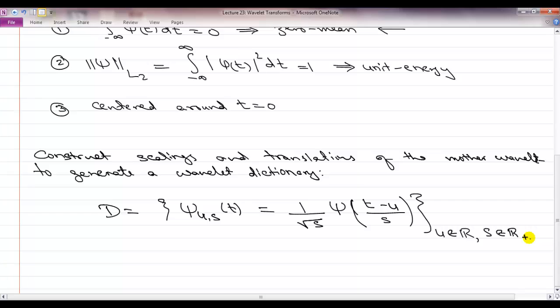So what is happening, you are taking your mother wavelet and you are, first of all, for every possible scale, every positive scale, you are first of all scaling your mother wavelet in size. You are either contracting it or expanding it. If the scale s is greater than 1, then what does that mean?